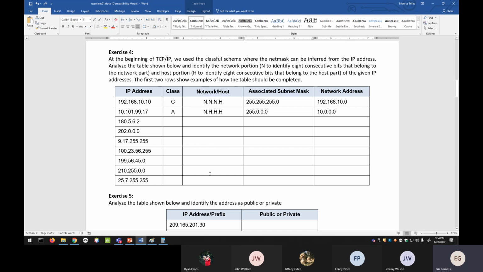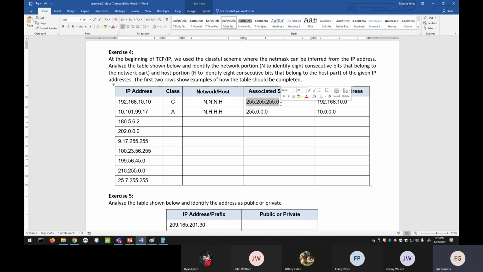For example, if you take this IP address, you know that it's a class C. So you have to put class C because the first byte is between 192 and 223. If it's a class C, you know that by default that will be the net mask. You remember class C has 24 bits of network and 8 bits of host.